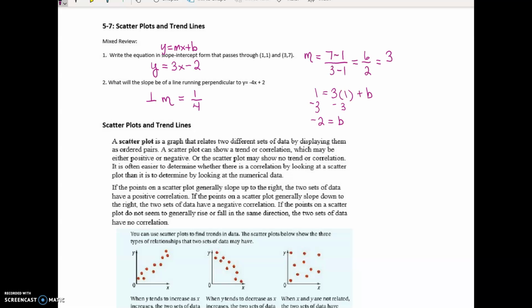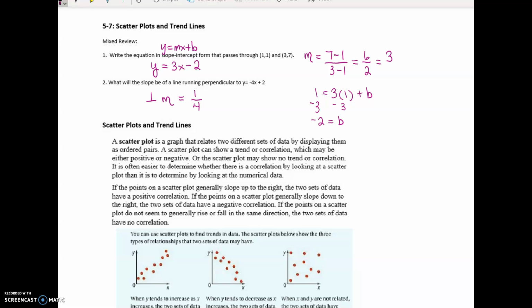So hopefully you had a chance to do 1 and 2. Remember when it says slope intercept form, that's going to be y equals mx plus b. So I solved the slope by doing the formula. So change in the y over the change in the x, simplified to 3.